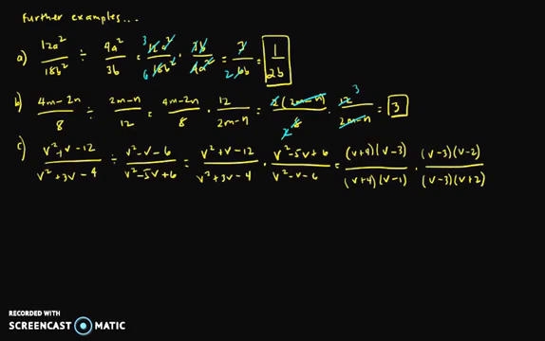Now we proceed with the cancellation. b minus 3 can be cancelled, and also b plus 4.